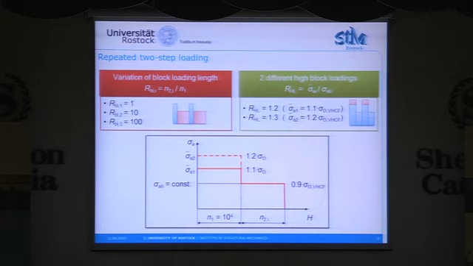The number of cycles in the high block is constant at 10 to the power 4 cycles, and the small amplitudes are varied in length. The cycle numbers are varied, and this is defined by the block length ratio, with 1, 10, and 100 investigated. The block loading ratio is defined as shown here, and it is approximately 1.2 and 1.3.